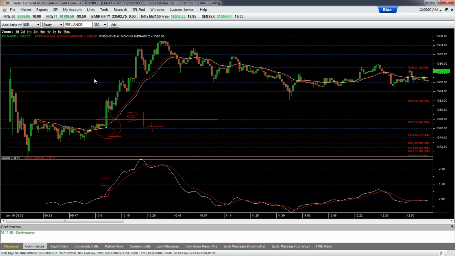Okay, so this trade would have made 8% right away. So this trade has made from 81 to 96 levels, which gave you a huge amount by just following the trend and by just following the signals which it is giving.